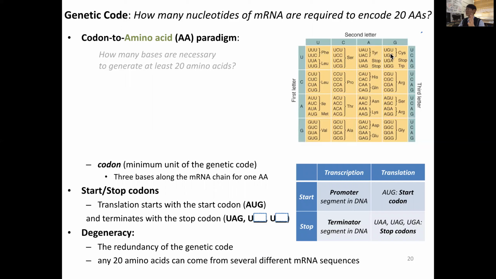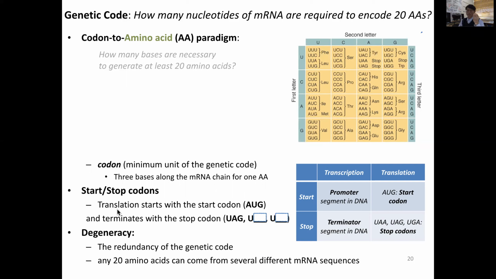So you can see here, these UUC will code for phenylalanine, and these will code for leucine, and AUG will encode methionine. And you can see there's a stop codon, stop codon, stop codon. And this methionine AUG is in fact the start codon.